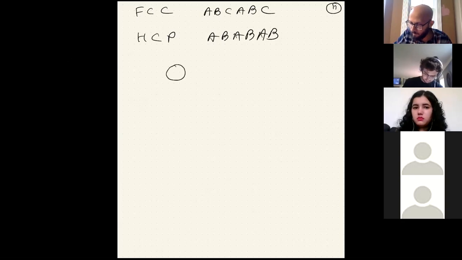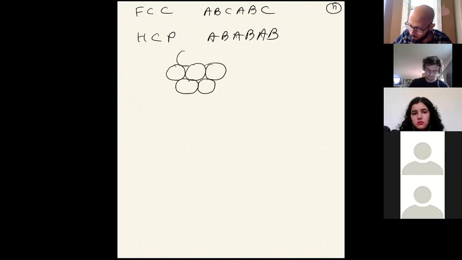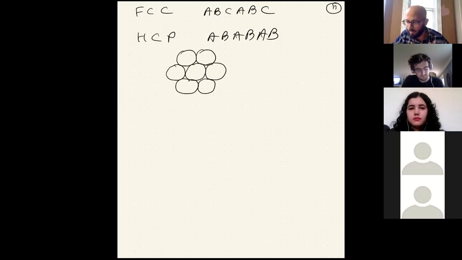So in face-centered cubic, in any one layer, you have these spheres that are arranged as follows, right? You have a hexagonal packing. So this is called the layer A. The next layer is arranged on top of this, and it can look like this. It will again be hexagonal.